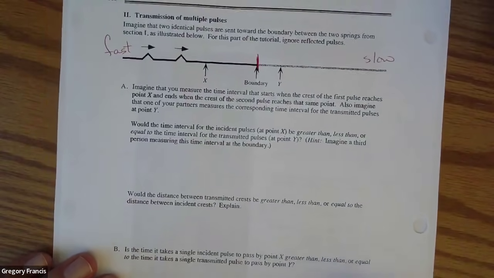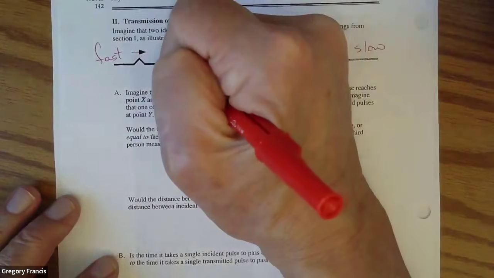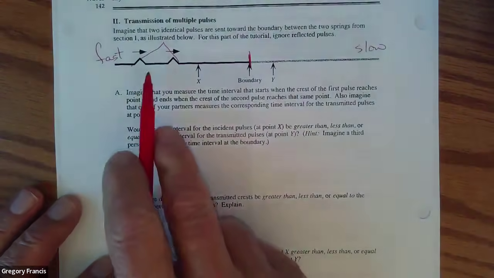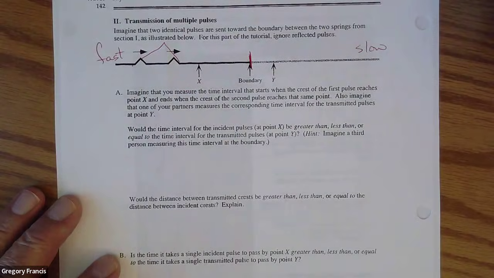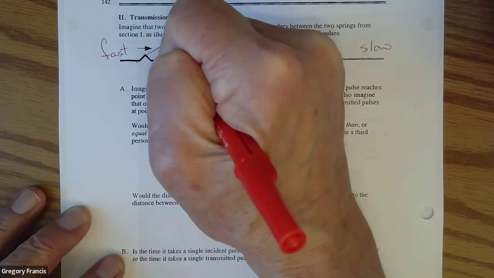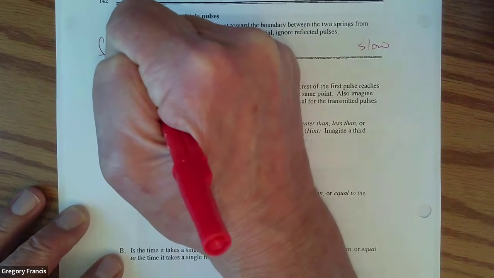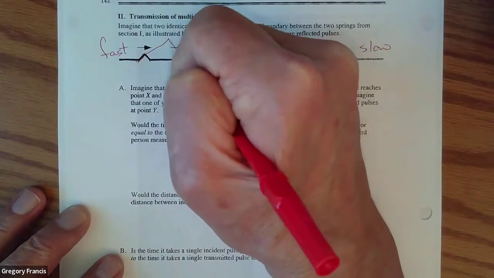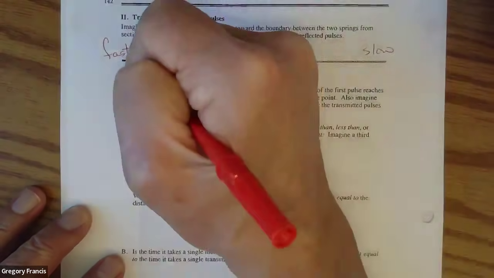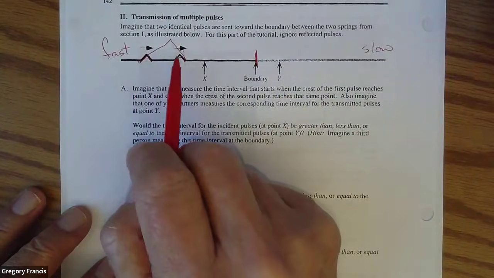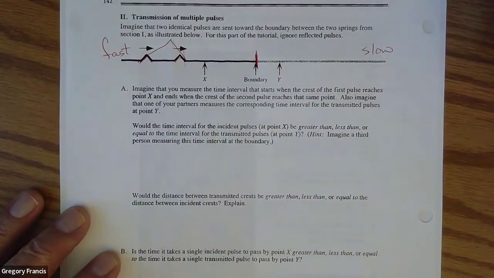Ultimately, we want to know what happens to the width of a single pulse when it passes through that boundary. The way we're going to do that is to look instead at two separate pulses. Eventually we're going to treat this pulse as the leading edge of a bigger pulse, and this second pulse as the trailing edge of that bigger pulse. But right now, let's just think of those as two separate pulses.